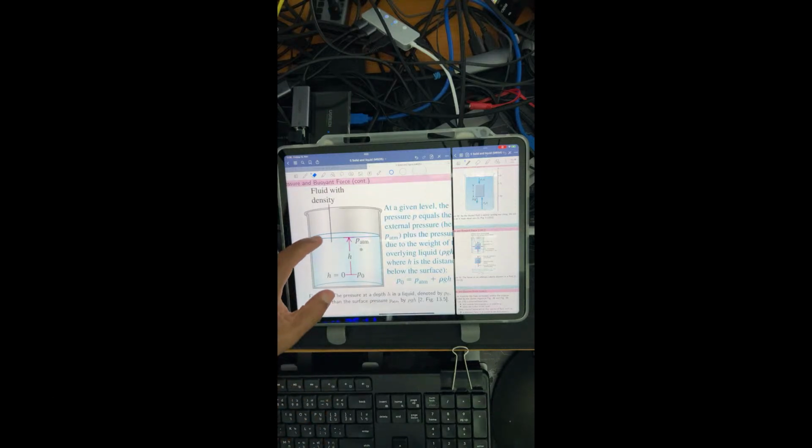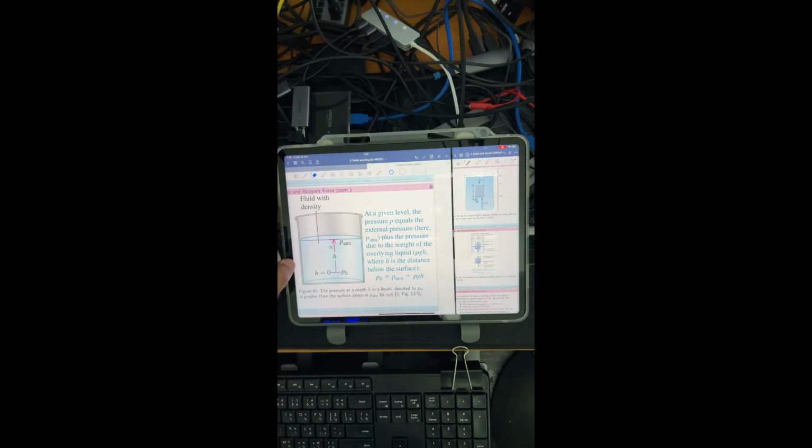Okay, with fluid density rho, at a given level the pressure P equals the external pressure P_atm plus the pressure due to the weight of the overlying liquid, rho g h. P0 is right now equal to P_atm, the upper pressure.